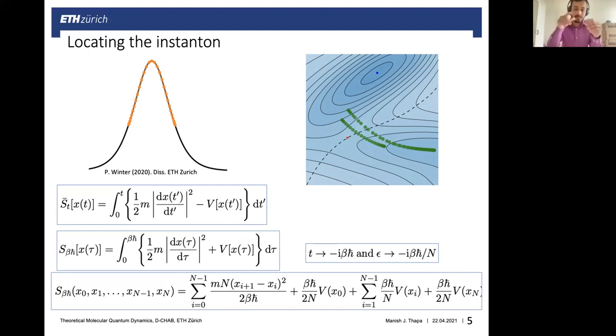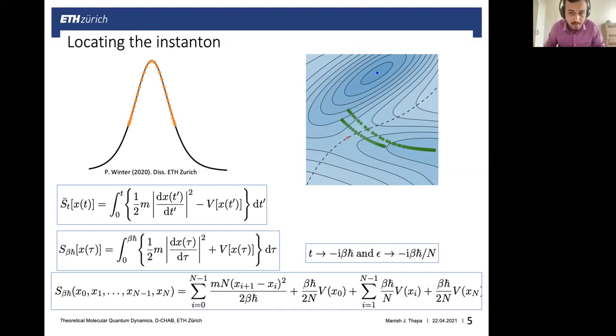So e to the iS is going to go to e to the minus S, and now S is going to be a Euclidean action, right? So you see, when it comes to tunneling in physics, especially for example quantum dynamics, where coherences are preserved, things oscillate. But in chemistry, for example, when we look at tunneling in a condensed phase reaction, things decay, right? Because we're looking at Euclidean action, and now there is no phase term, and one can compute chemical reaction rates, right? Out of this using these imaginary time path integrals.